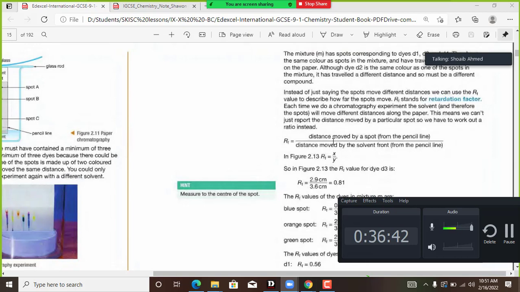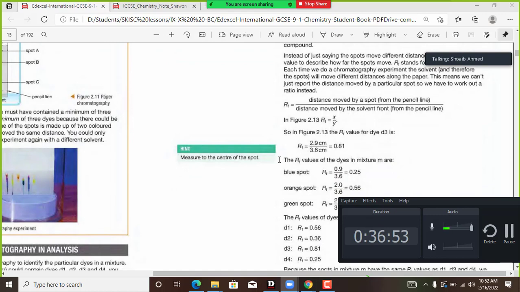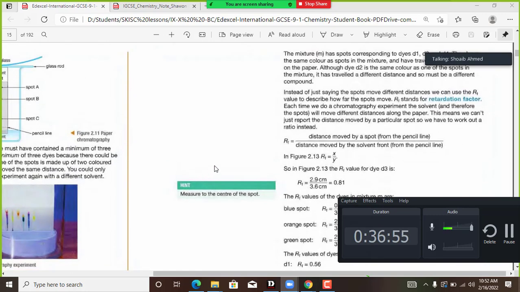RF is the ratio of the distance moved by the spot and the distance moved by the solvent. RF is x divided by y. X is the distance moved by the spot and y is the distance moved by the solvent.